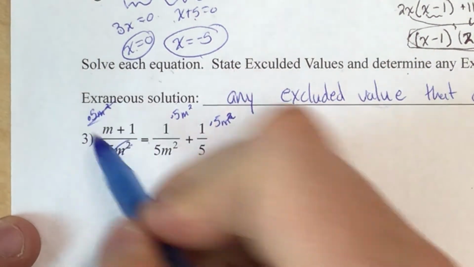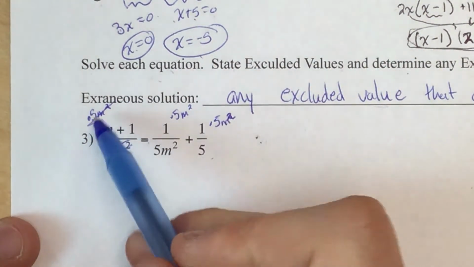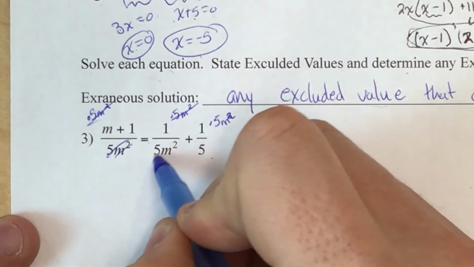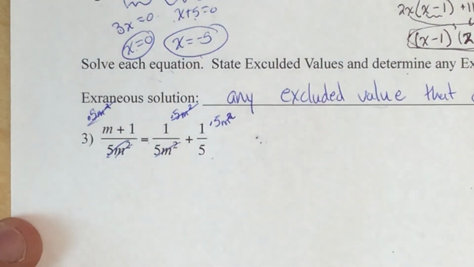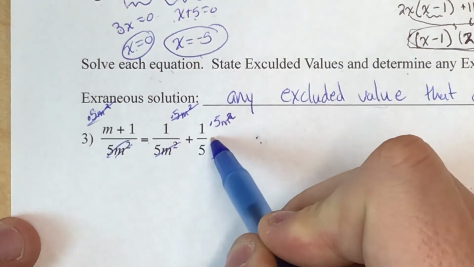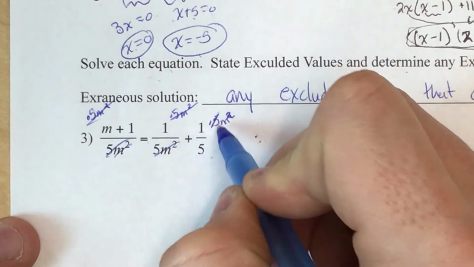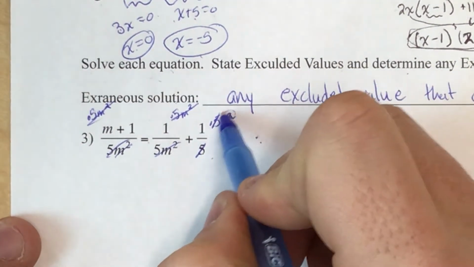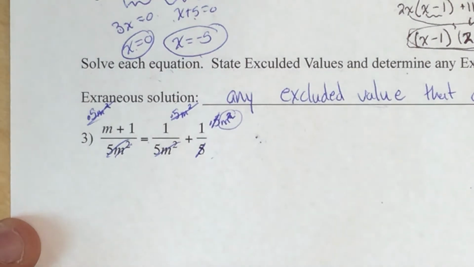So that gets rid of the 5m and the 5m squared. Now if I go over to the next fraction, the 5m squared is also a 5m squared, and that eliminates in that fraction. However, in this fraction, the only thing that we can reduce out of the numerator and denominator is just the 5. The m squared stays.